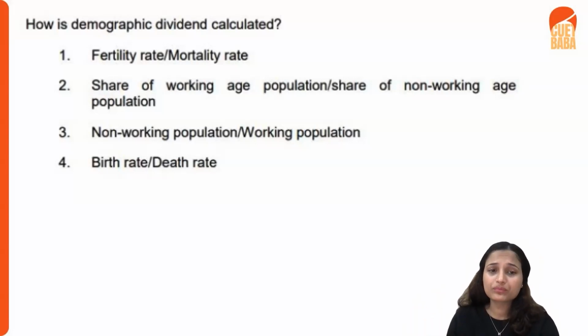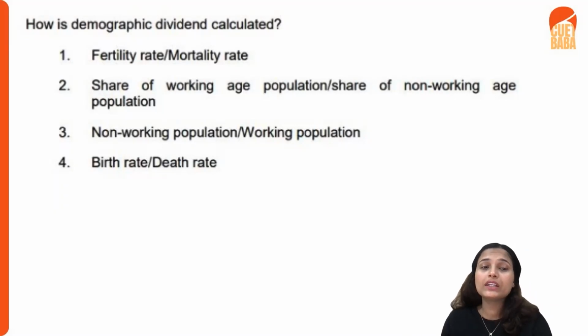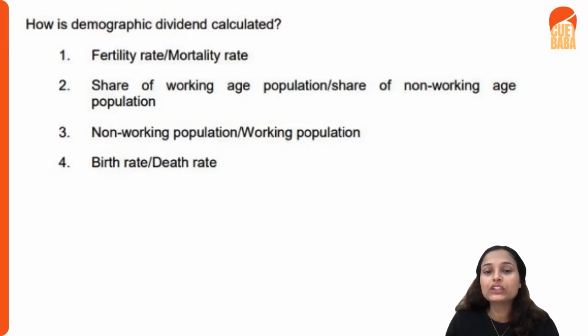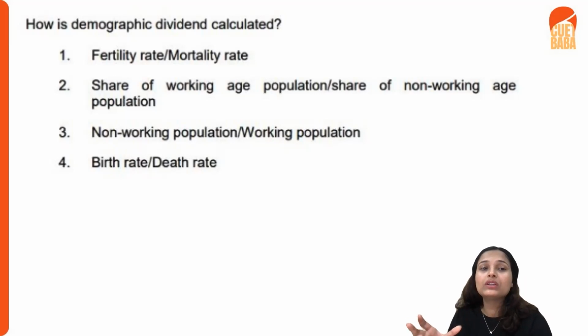When I'm talking about the working age population, it is 15 to 64. When your 15 to 64 is higher than your non-working population, that is your 14 and younger or 65 and older, that is your kids and your elderly, it is an economic growth potential. It is your demographic dividend, right? I hope it is quite clear to you now.